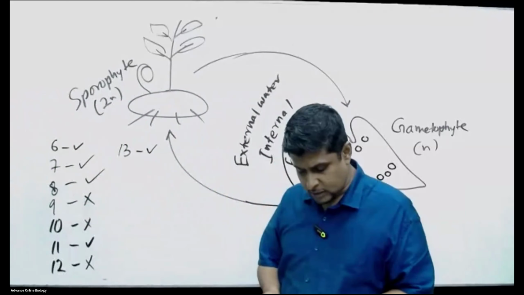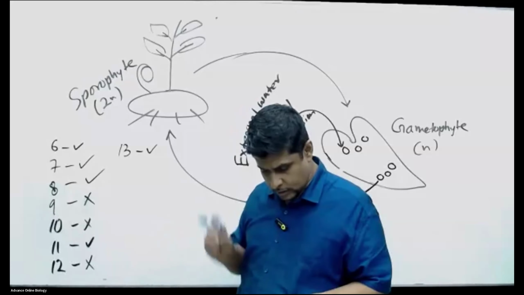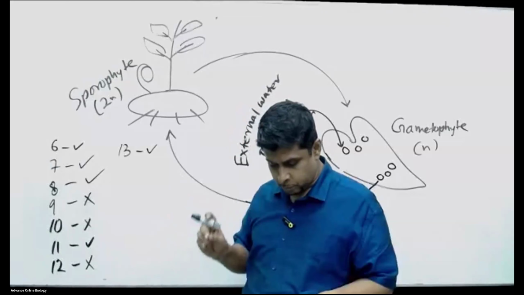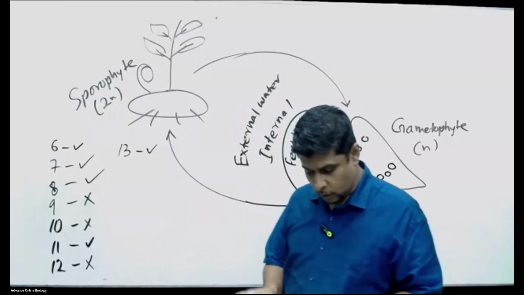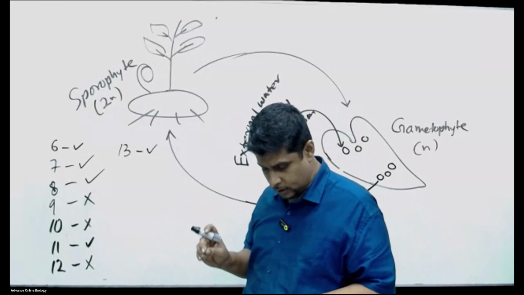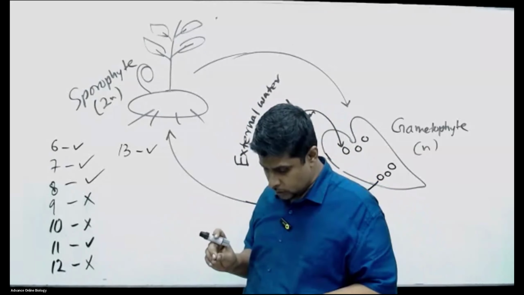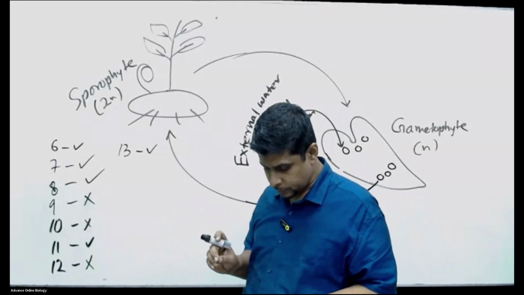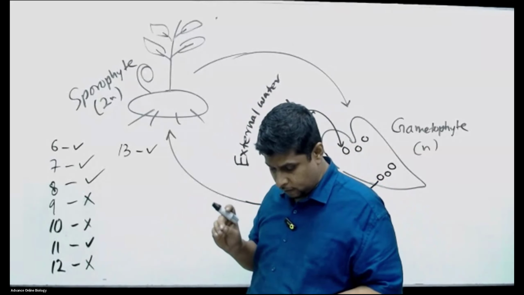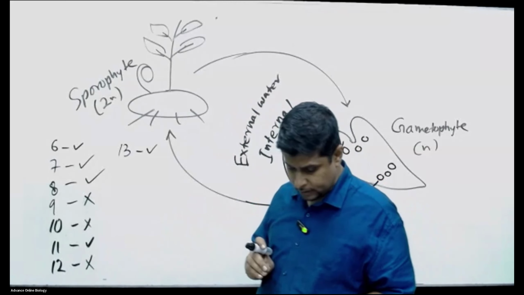14th one, in Nephrolepis, after fertilization, zygote develops into the embryo and then into the young sporophyte while retained in the gametophyte.